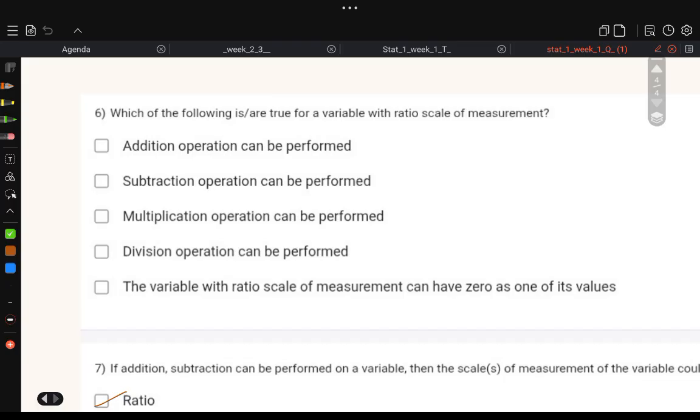See, in the ratio scale variable, addition is possible, subtraction is possible, multiplication is possible, and division is possible. And the variable can have zero as one of its values. At first glance, we can neglect this statement, as division is possible and we know that the denominator cannot be zero. But we can say that there is a height like 0 centimeter or 0 Kelvin.